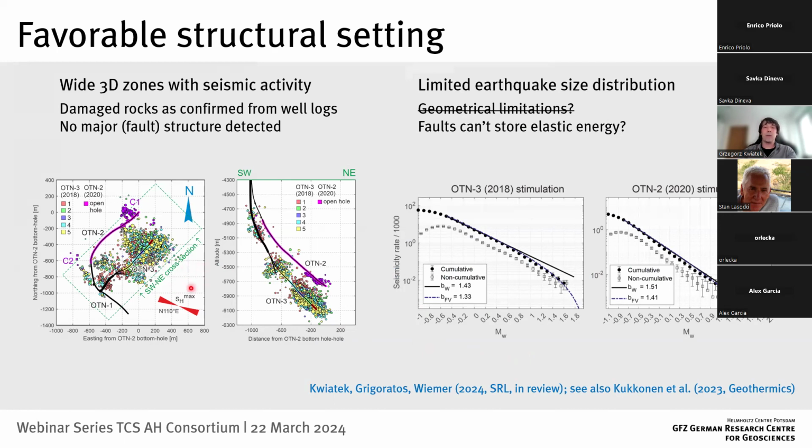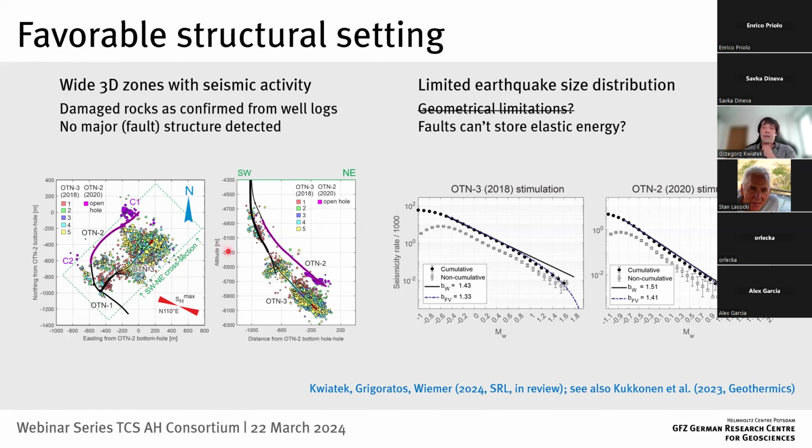Instead, the clouds of seismicity suggest that the seismicity occurs in zones of distributed fractures. This is supported by the damage intervals identified in the well logs that spatially intersect with the seismicity clusters, and that coincides a bit with the highlighted lithology.